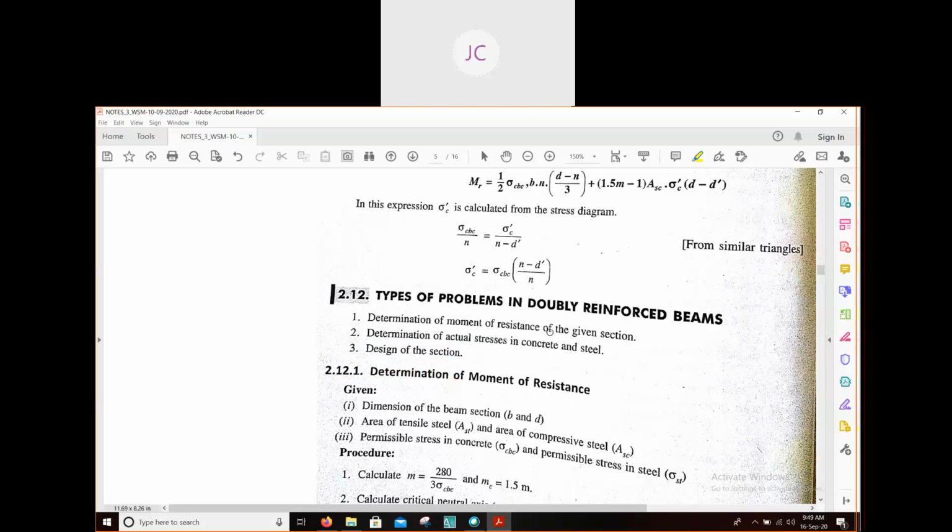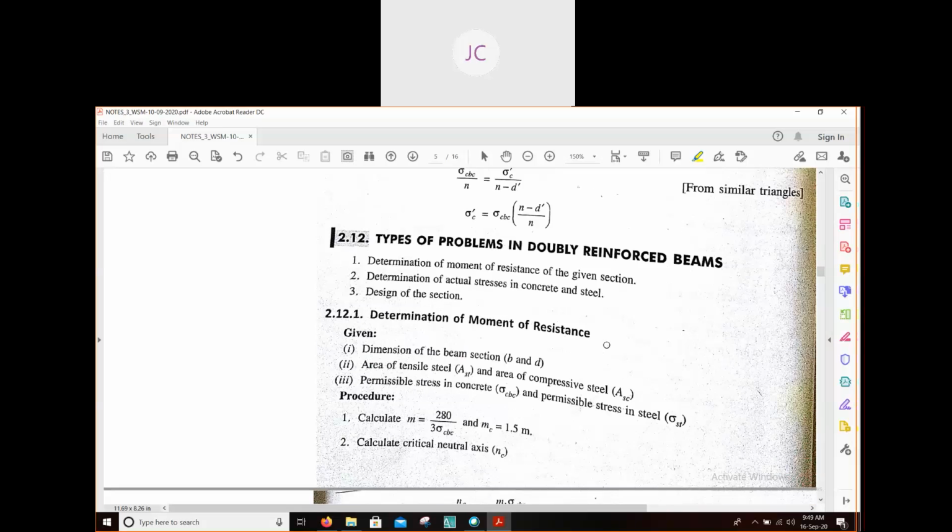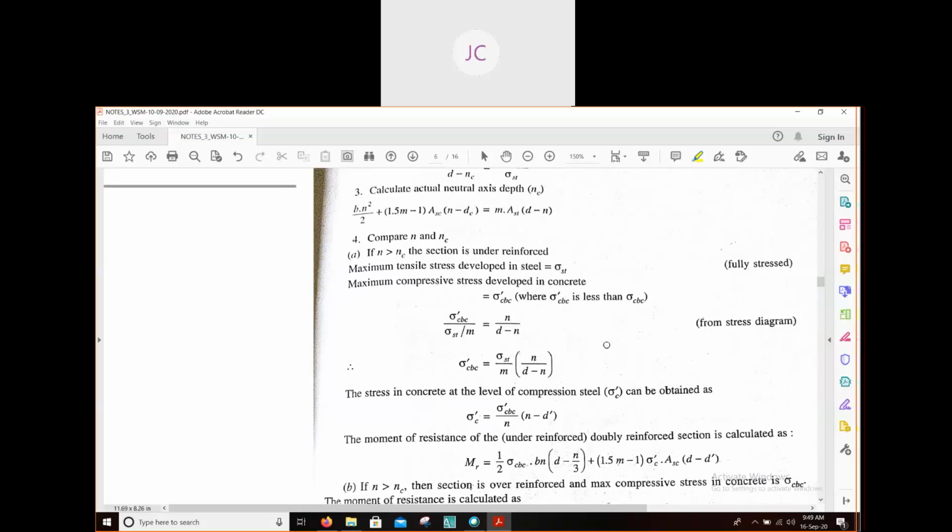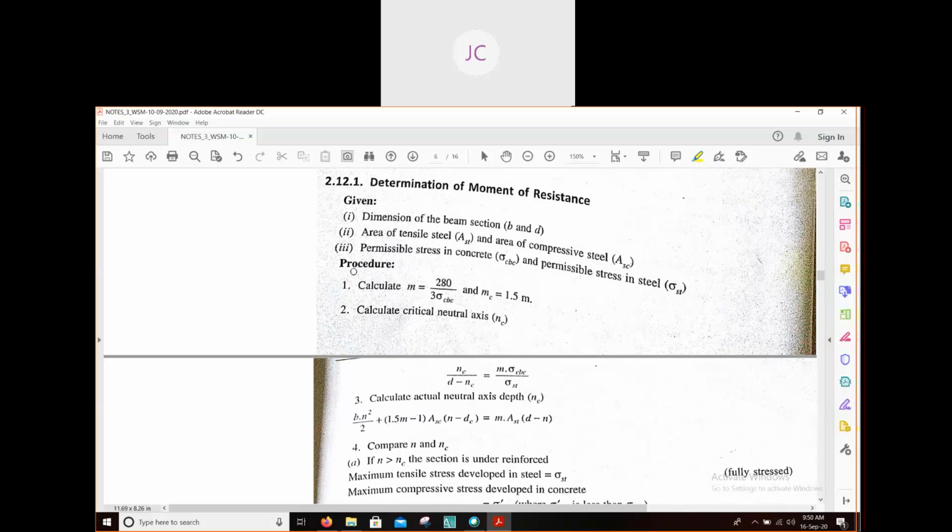First we will discuss determination of moment of resistance of a given section. I told you the procedure before also. In this kind of problem, the dimensions of the beam will be given to you. That means B will be given, D will be given, area of steel AST, ASC, everything will be given.